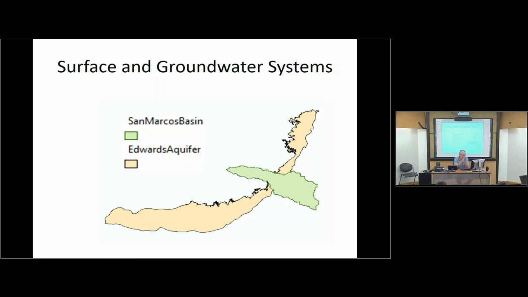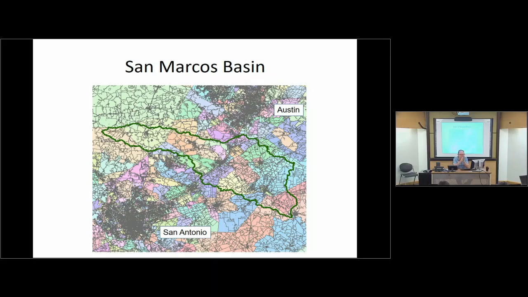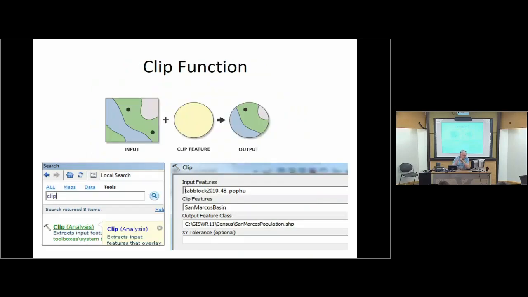What about the population size of that? Another thing is the Edwards Aquifer, which underlies the San Marcos Basin. So here's the San Marcos Basin, and if you put out all the census blocks, then we can use a function called clip, and we can clip out the census blocks that lie within the San Marcos Basin and add up the population from that. There is an error associated with doing that, though. What is that?